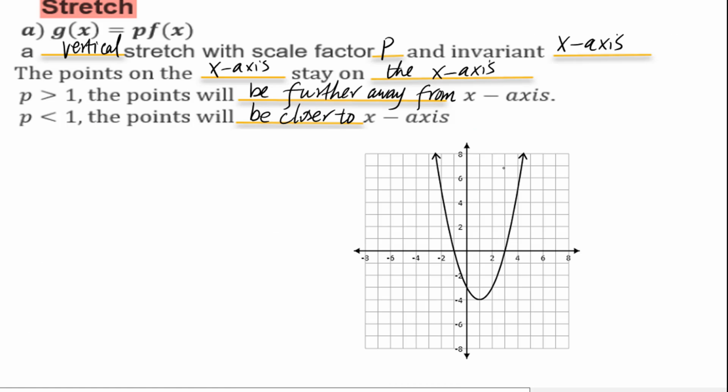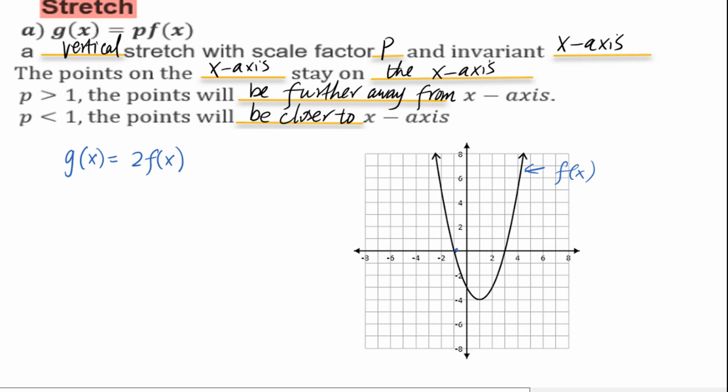For example, this is f of x. How to sketch the graph g of x equals 2f of x? The transformation is a vertical stretch with a scale factor 2 and invariant x-axis.